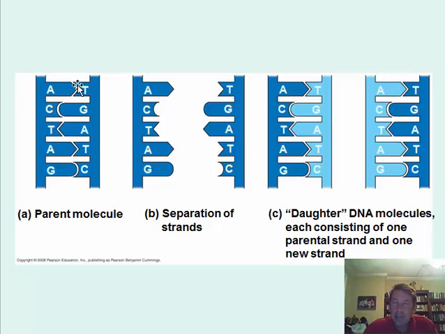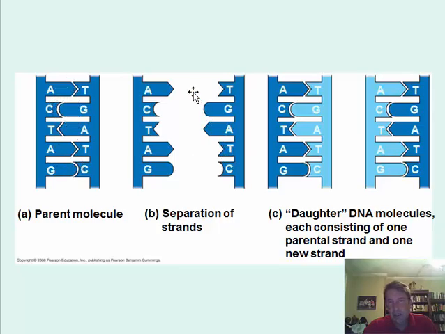DNA actually, when it copies itself or replicates, it replicates what's called semi-conservatively, meaning that it keeps part of the molecule the same and then it builds upon that. So when DNA copies itself, when it's getting ready to make more chromosomes, when cells are dividing, it will split in half or unzip. Geneticists refer to it that way. It'll just unzip right down the middle.